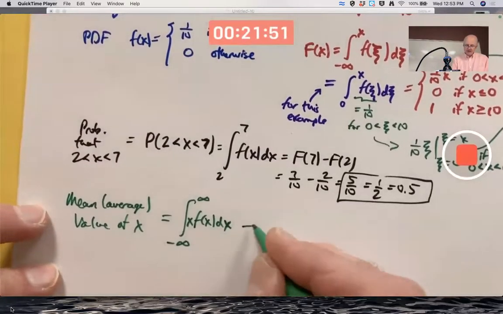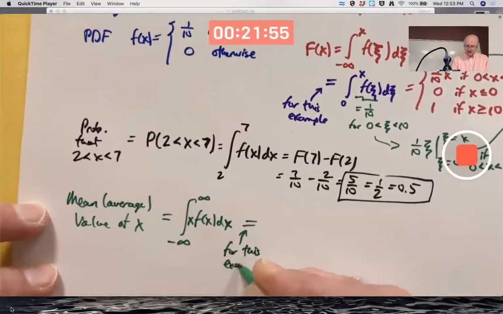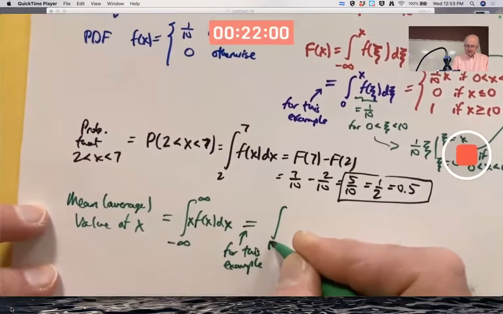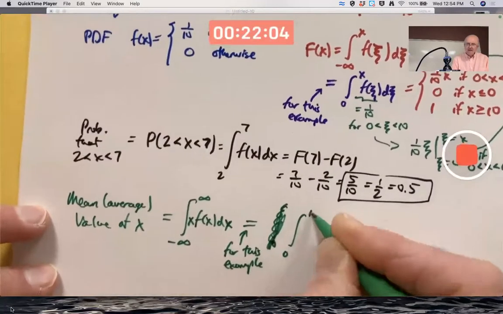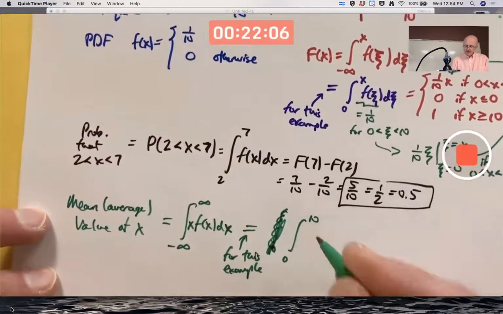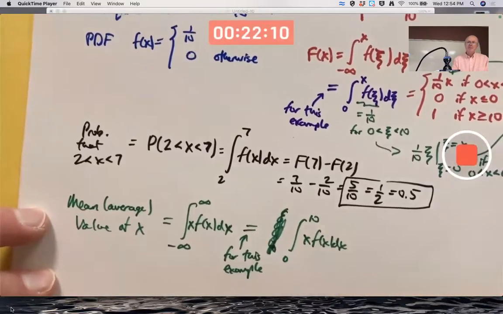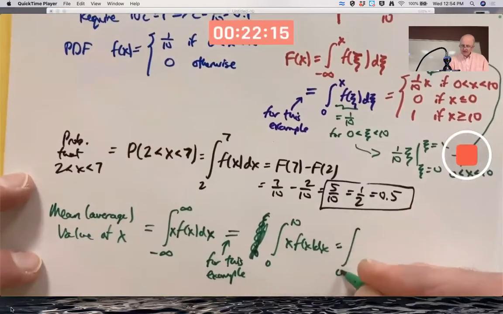For this example, we can just integrate from 0 to 10 because that's where the PDF is positive. X times the PDF. And the PDF, when x is between 0 and 10, is 1/10.